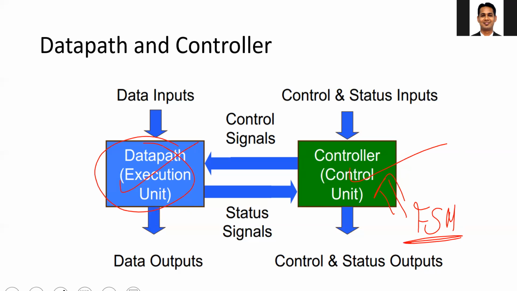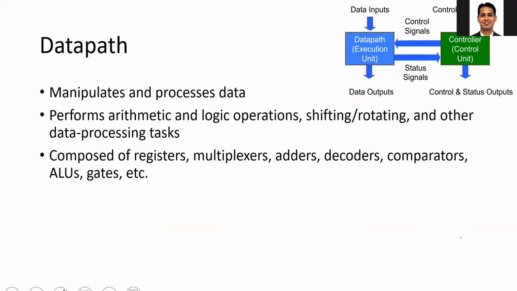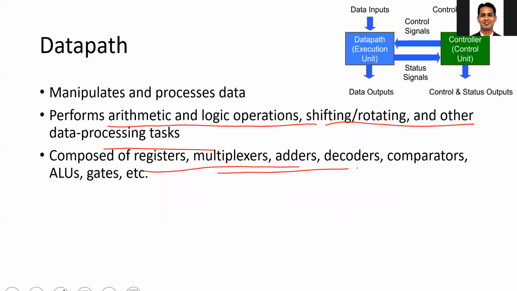Like you have studied in the previous lab, FSMs are used to design the controller, while the arithmetic combinational circuits are used to determine the data path. So the data path manipulates and processes the data, performs arithmetic, logic operations, shift operations, and any other data processing tasks. It consists of registers to store the data, multiplexers, adders, decoders, ALU, any circuit which is performing a data operation.